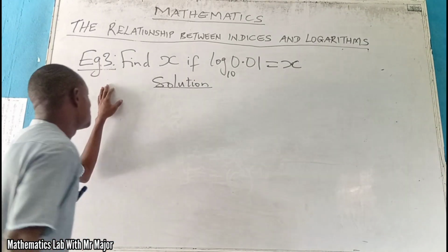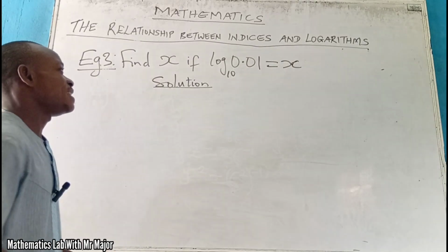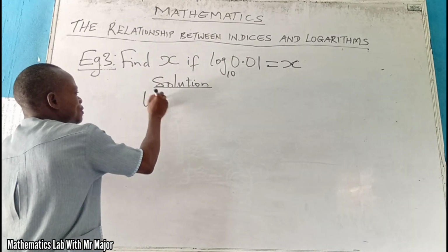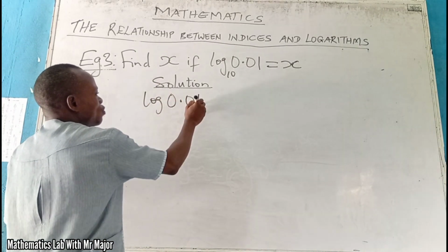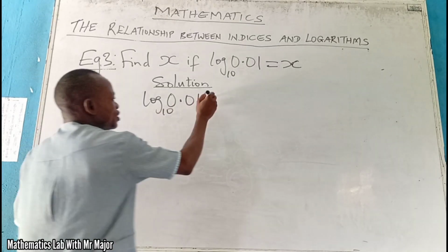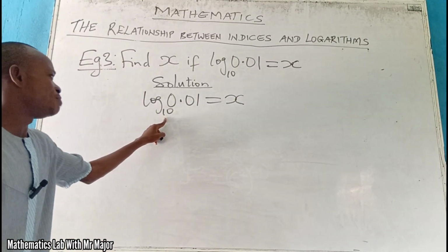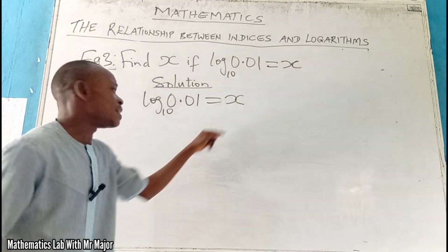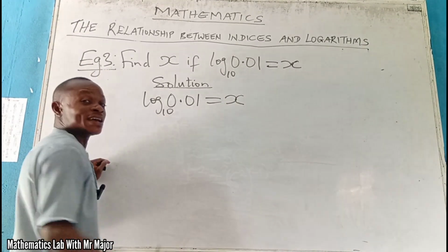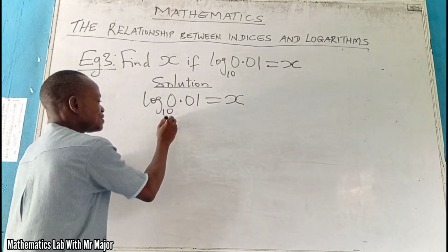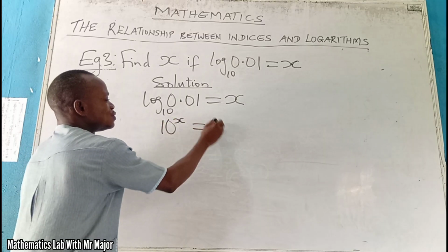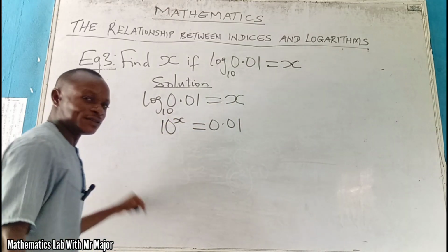All right, question 3 says we should find x if log 0.01 to base 10 equal to x. Again, 10 here is the base, x here is a power, so this means 10 raised to power x. So we have 10 raised to power x equal to 0.01.